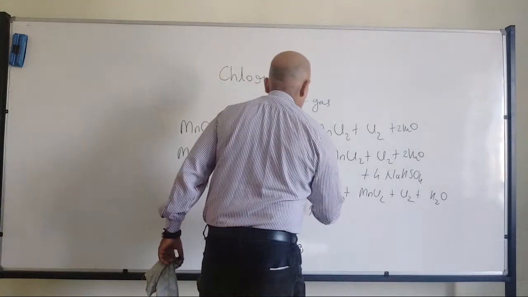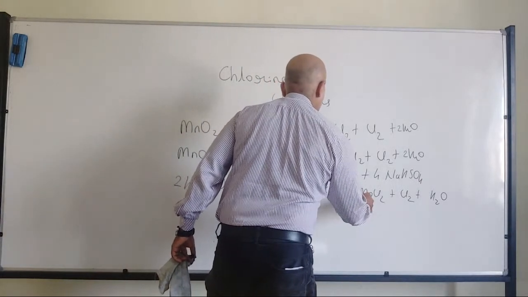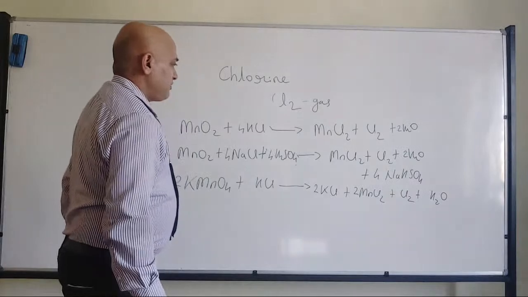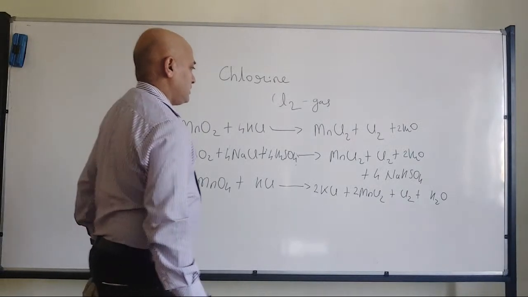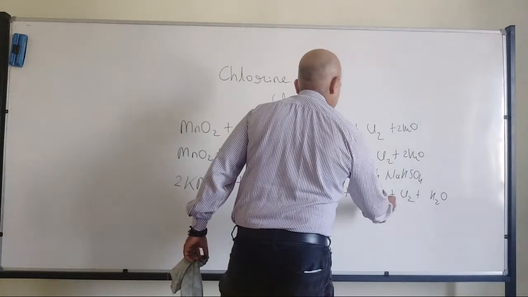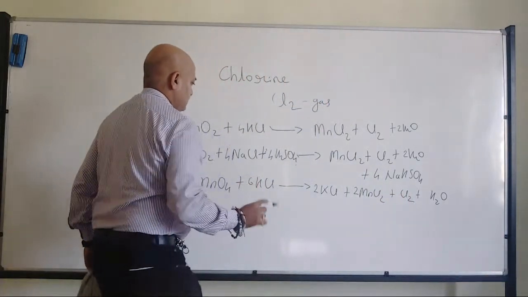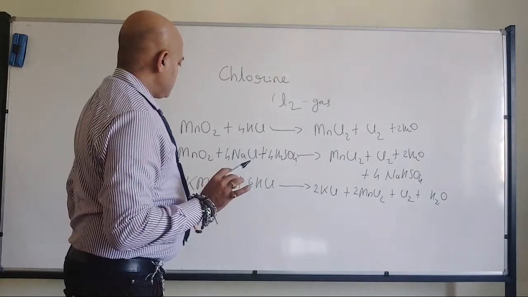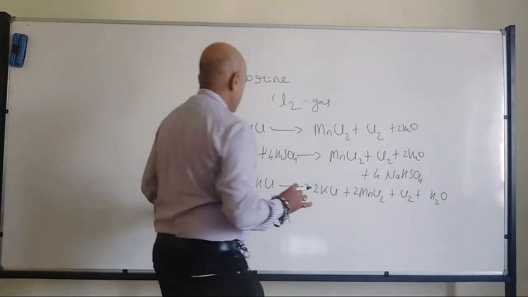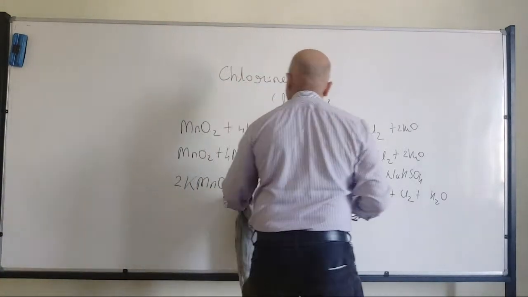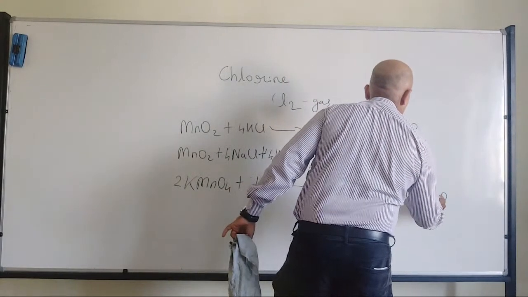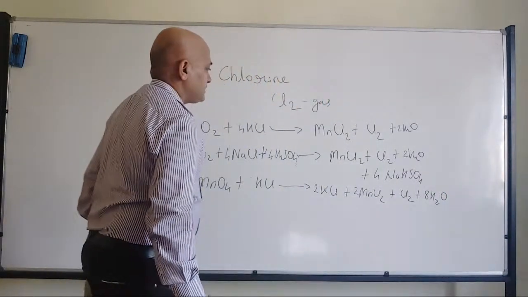So here it will become 2 and here also it will become 2. Now we will see. First I will balance the oxygen. So 8. I think it will be done.